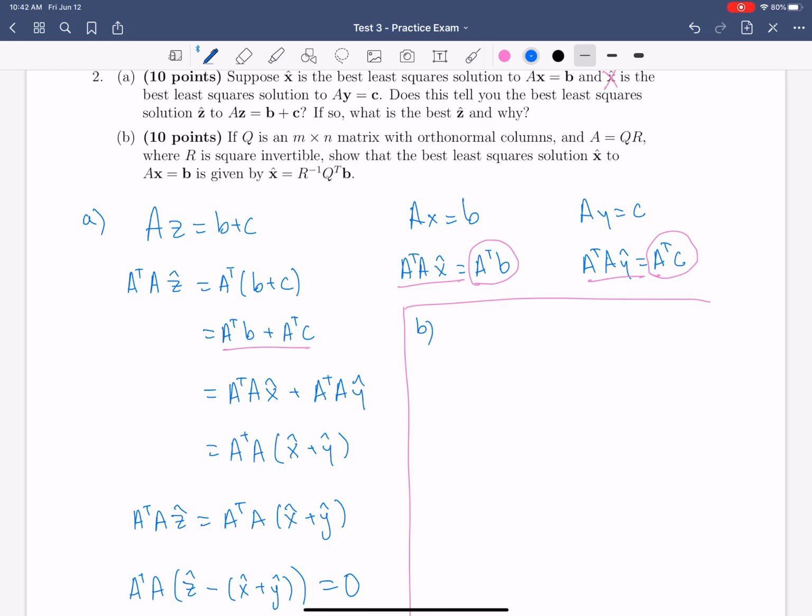If Q is an m by n matrix with orthonormal columns, and A equals Q times R, where R is square invertible, show that the best least square solution, X hat, to AX equals B is given by X hat equals R inverse Q transpose B. Now, nobody says here that R is upper triangular.